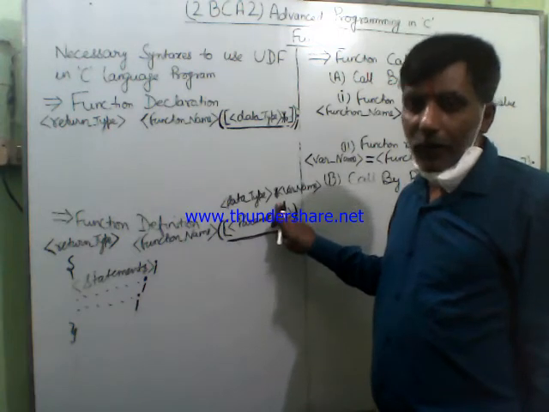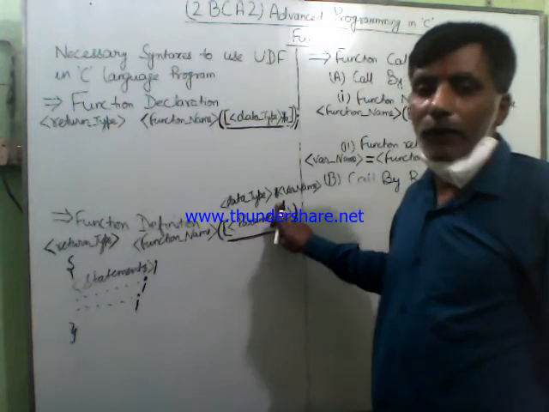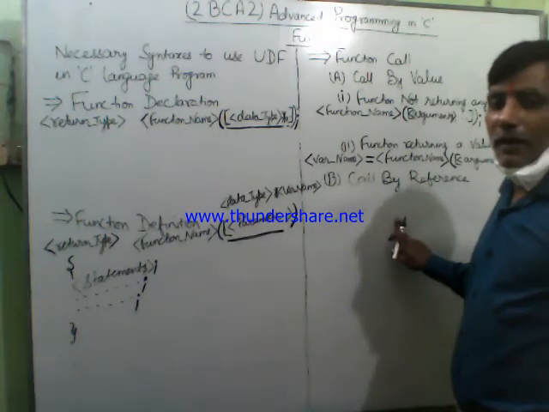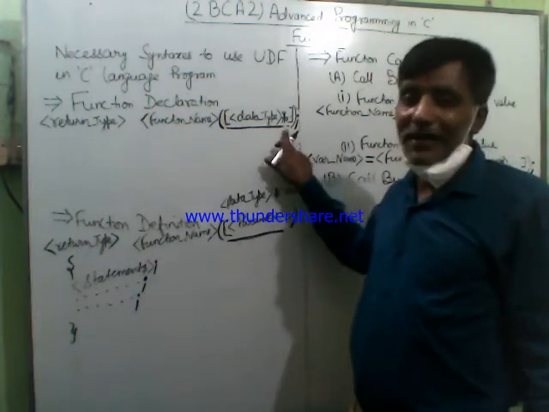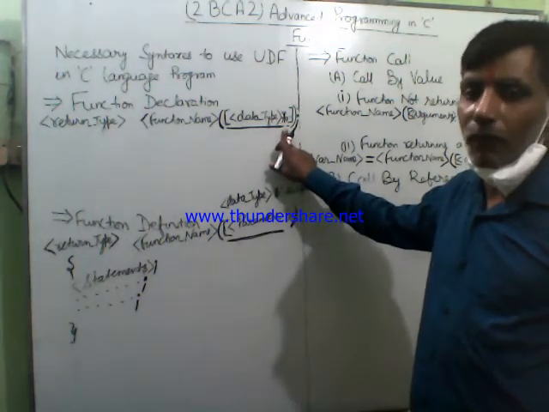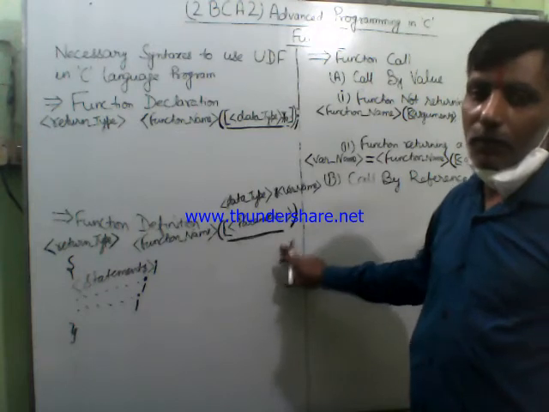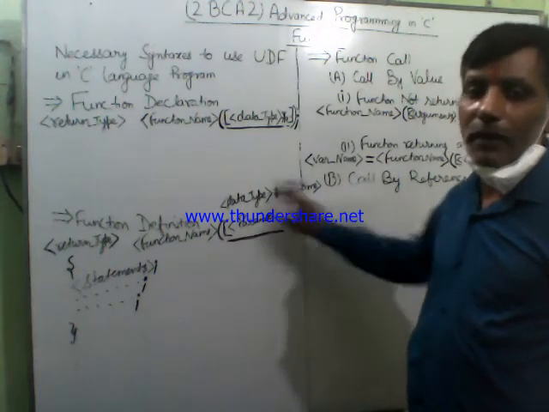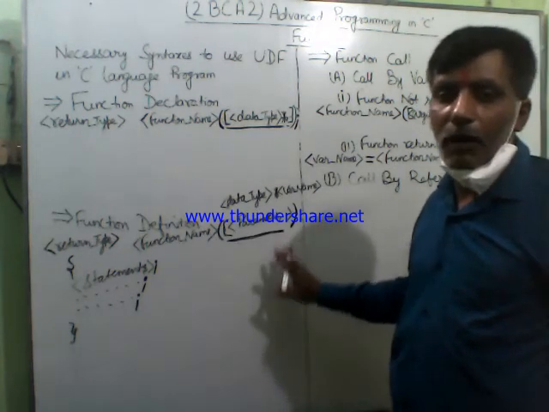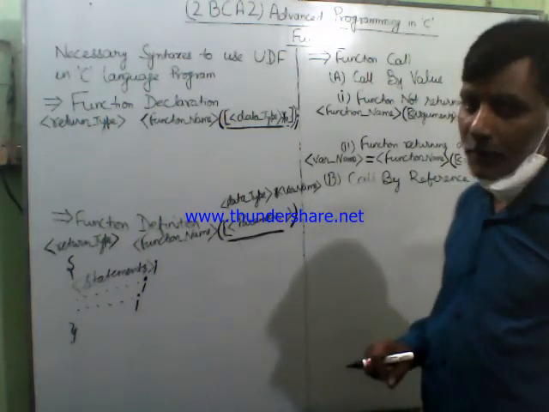Okay, but when you are going to use such a user defined function in the program that is being called by reference method, then you have to necessarily use the dereference operator in the syntax of function declaration and function definition to declare the parameter in the function declaration phase of using the user defined function.